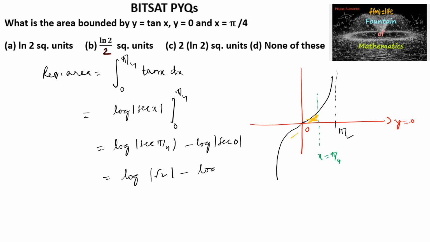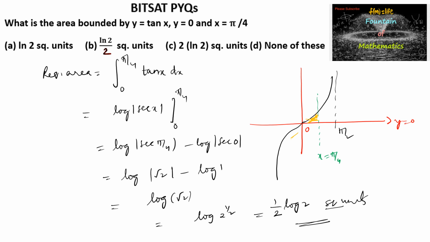Log secant 0 is log 1, which is 0. So we can write log of root 2, or log 2 to the power 1 by 2, that is 1 upon 2 log 2. So log 2 upon 2 square units is the required area, which is option B.